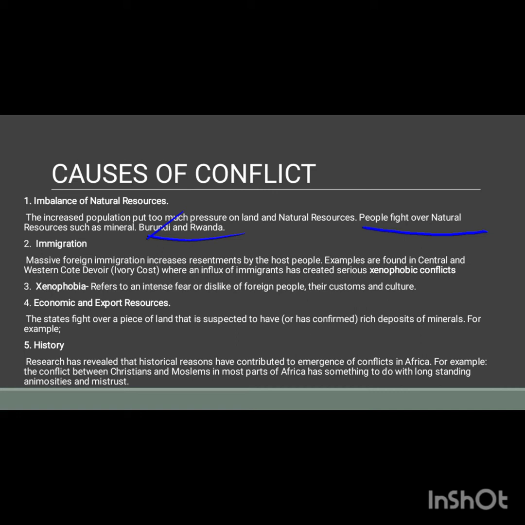Economic and export resources. The states fight over a piece of land that is suspected to have or has confirmed rich deposits of minerals. Rich deposits of what? Minerals. Countries fight over land that has what? Minerals. They say, here there is gold.